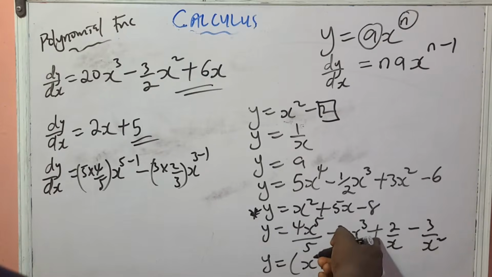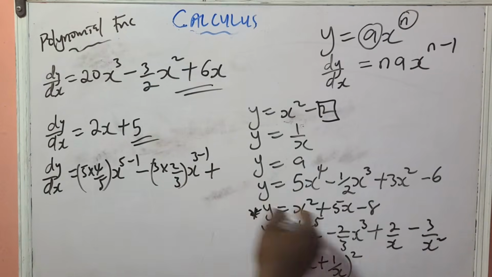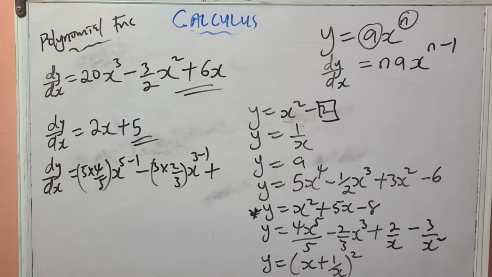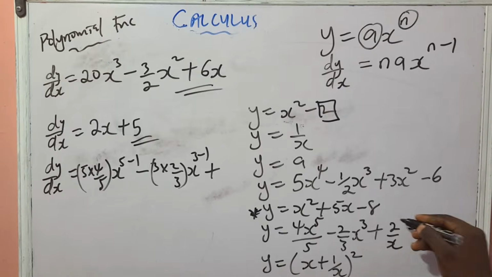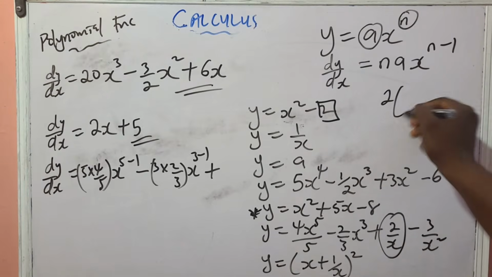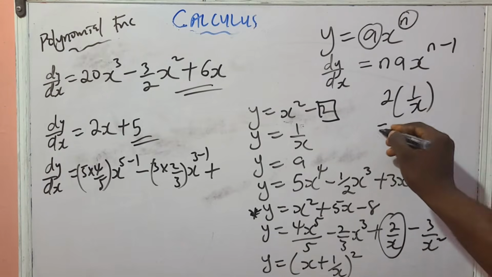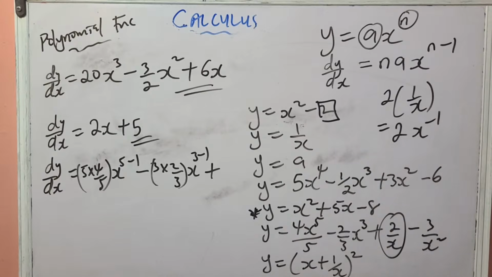Now, the next one, this will be plus, this is different now. You have 2 over x. So how do you do 2 over x? 2 over x is the same thing as writing 2 times 1 over x, which is the same thing as 2x raised to the power minus 1. So can you see how we're able to change this form to this one?